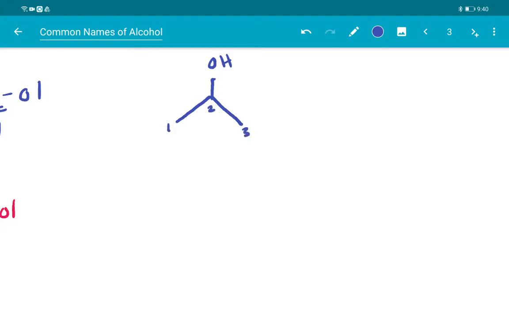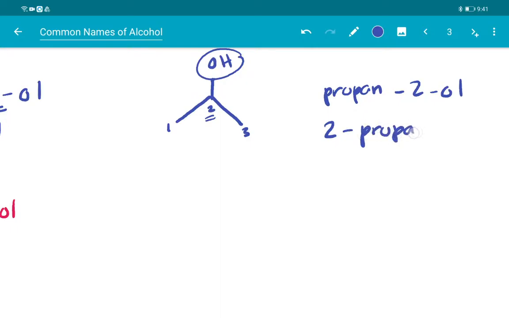It will be looking like this. So based on the IUPAC system, this will become propan-2-ol, which indicates that the position of the alcohol is located at the second carbon. You can also use the old IUPAC system, which will be called as 2-propanol.